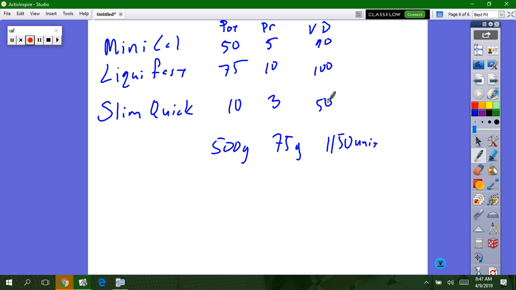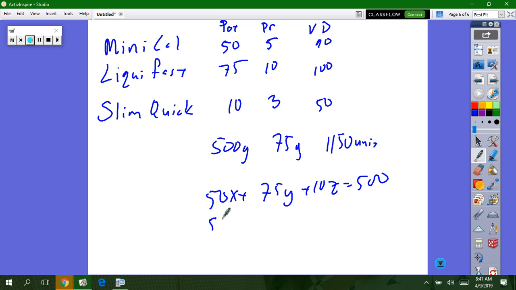You guys see our equation come up here? Here we go. 50 times x, 75 times L or y, 10 times z equals 500. You see how it's very organized to set it up? So you'd have 50x plus 75y plus 10z equals 500.